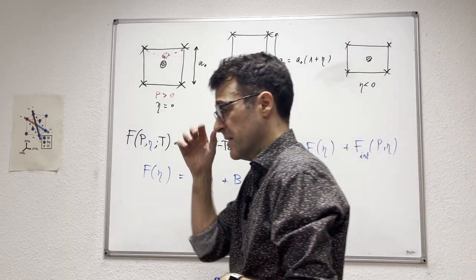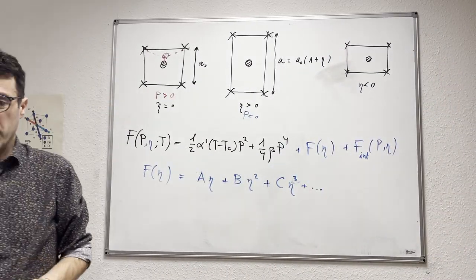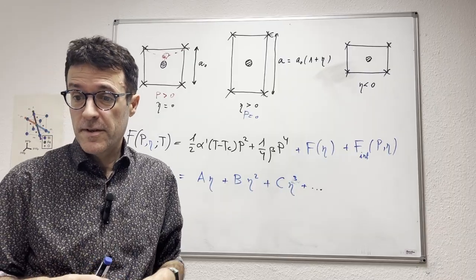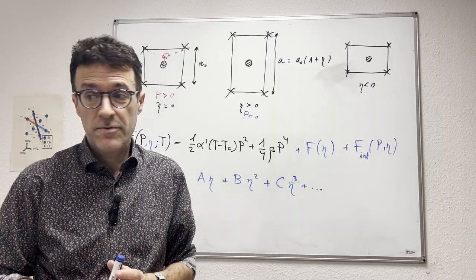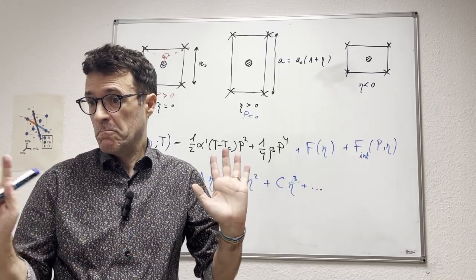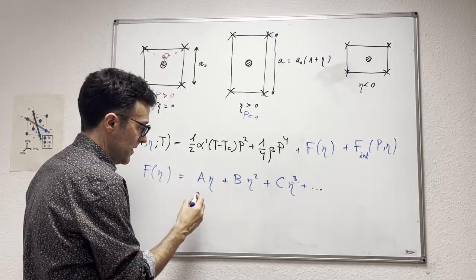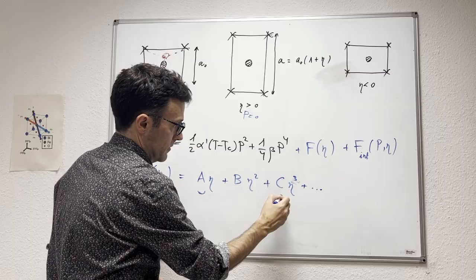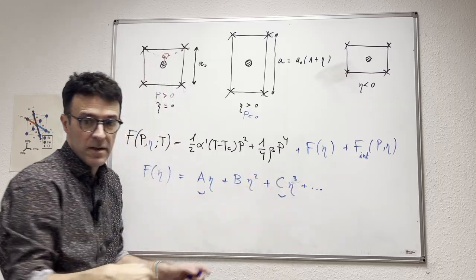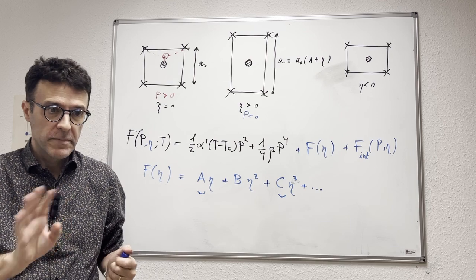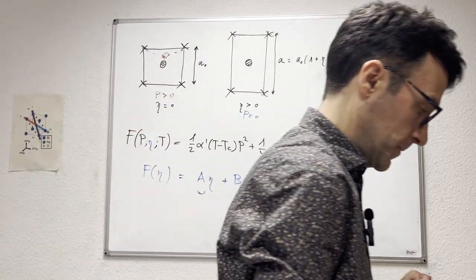So it clearly means that having a positive strain has to cause an energy change that is different from having a negative strain. Okay? So the terms that are linear, or the terms that are odd in the strain, are in principle allowed by symmetry. There is no reason to remove them.